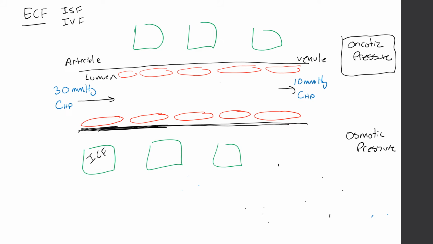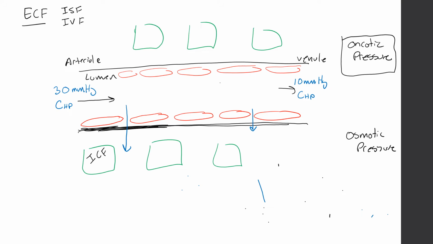And remember that hydrostatic pressure is a pushing type pressure against the wall of the capillary. So it's trying to force fluid out. And when it gets to these pores that are located in the capillaries, that's going to cause fluid to move out. And of course, since the hydrostatic force is greater at the arterial end, we would have a greater pushing pressure there than towards the venule end.